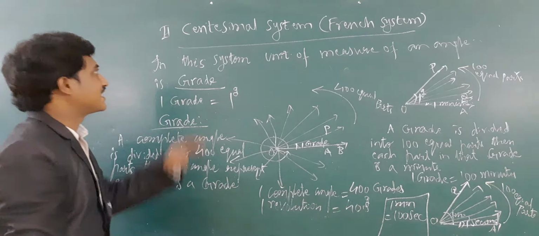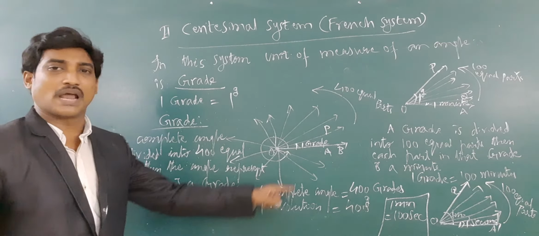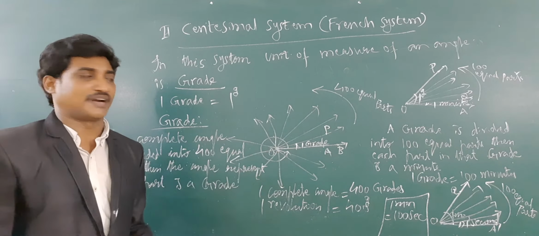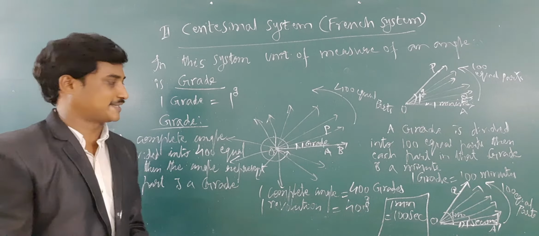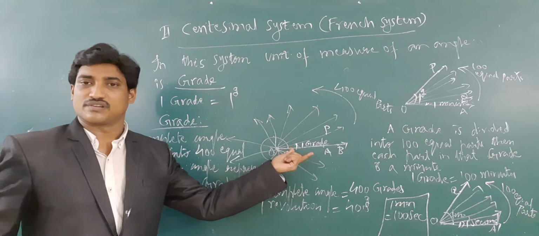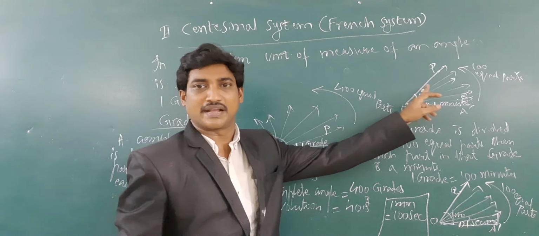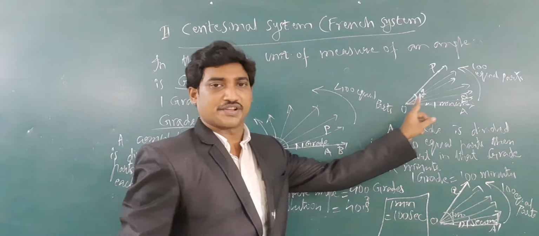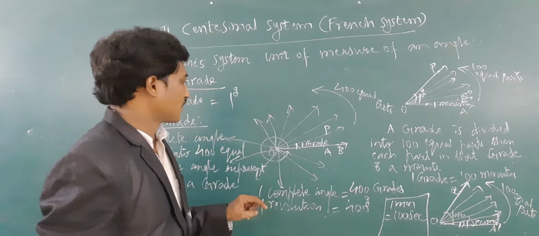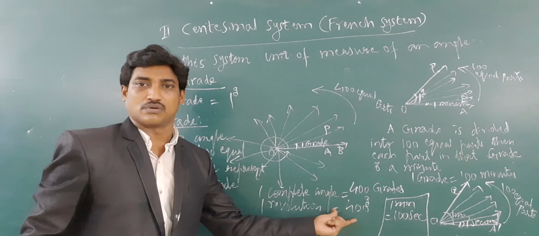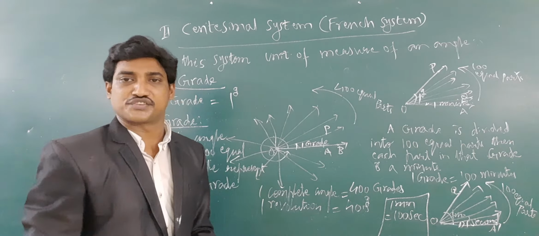In centesimal system, one complete angle is divided into 400 equal parts. Each part is called 1 grade. Again, a grade is divided into 100 equal parts. Each part is called a minute. So, one complete angle, one revolution, is equal to 400 grades.